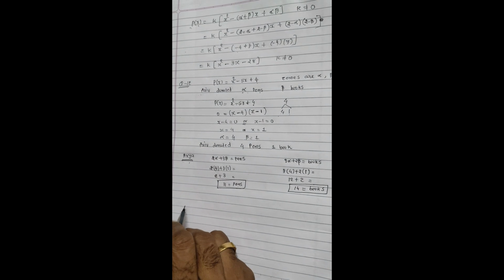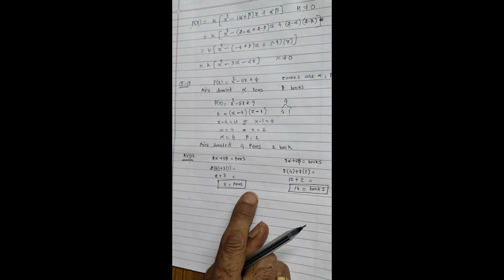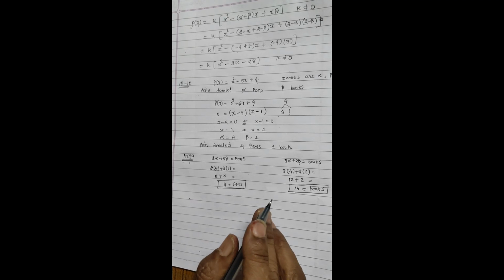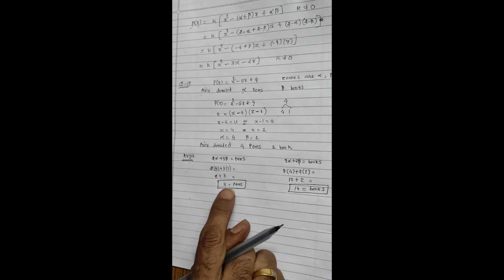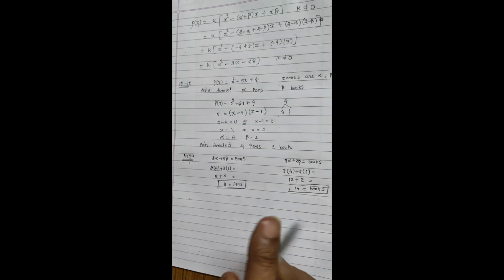What does the question say? Find a polynomial whose zeros are the number of pens, that is 11, and the number of books donated by Arya, that is 14.